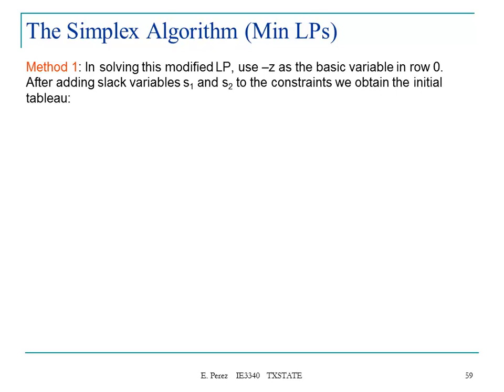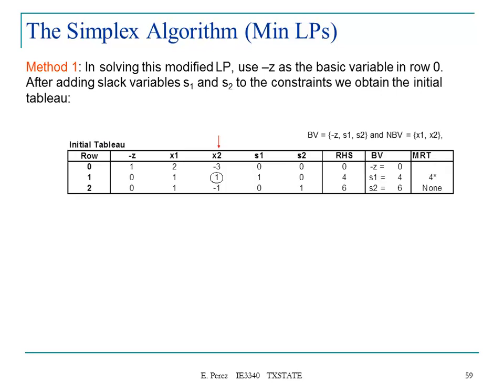In solving this, modify the LP and use minus z as the basic variable in row 0. After adding the slack variables x1 and x2 to the constraints, we obtain the initial tableau. So this is going to be the first tableau. What we are doing is, we get the objective function.